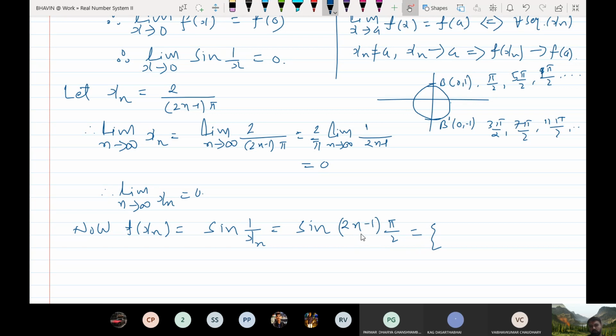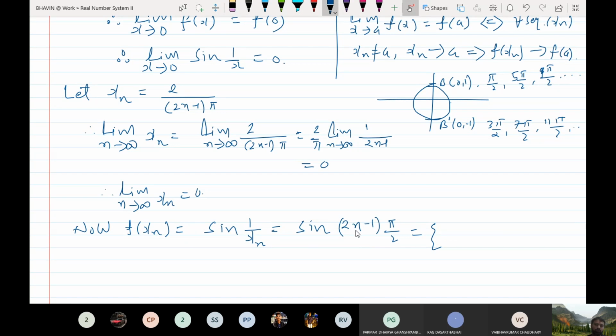If you take n equal to 1, since xn is a sequence, n runs from 1 to infinity, then (2 minus 1) into pi by 2 is pi by 2. So sine pi by 2 is 1. So for n equal to 1, you will get value 1.